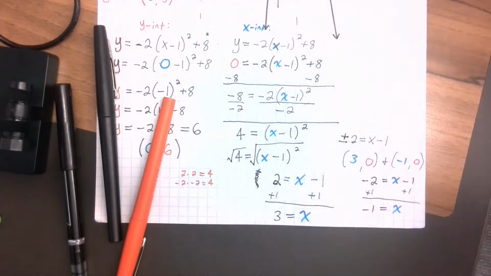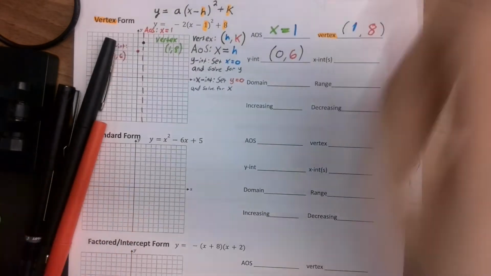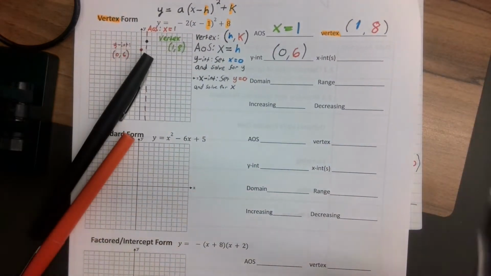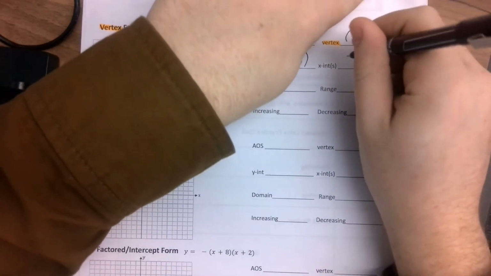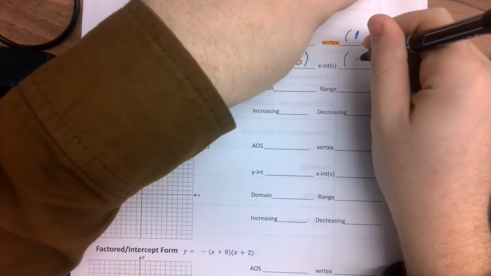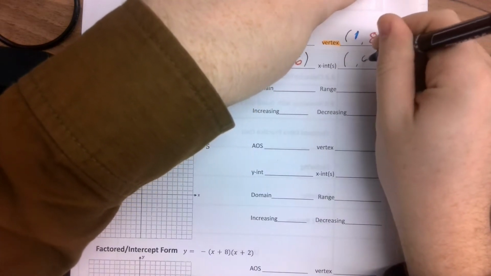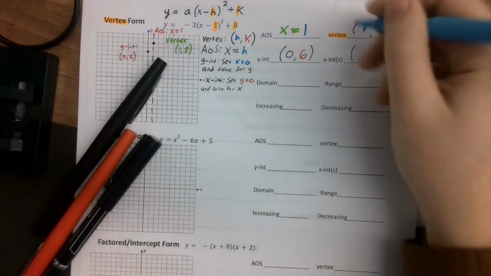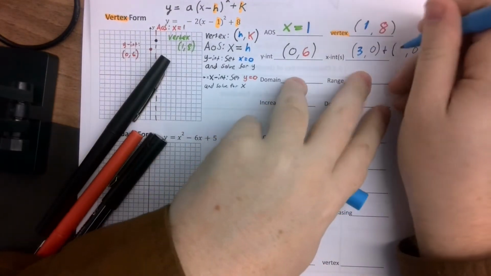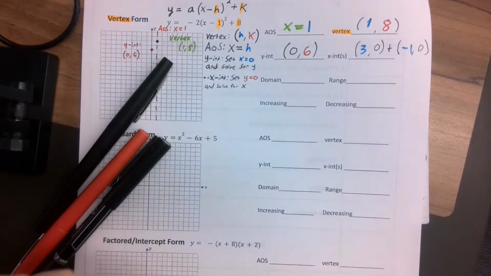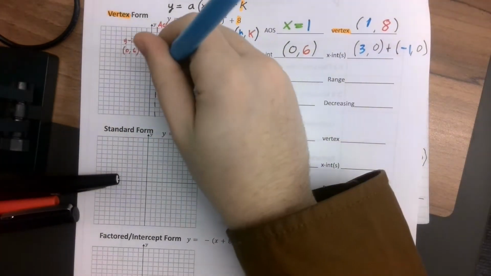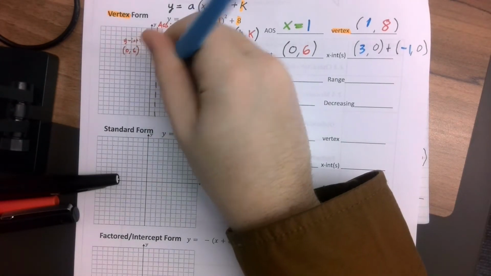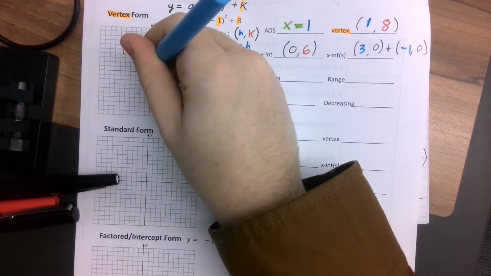Let's mark this down here and take a look. If our x-intercepts are meant to be 3, 0, and negative 1, 0, we can mark these on the graph and get a really good idea of what our parabola should look like. We put 1 at 3, 0, all the way over here, and 1 at negative 1, 0.